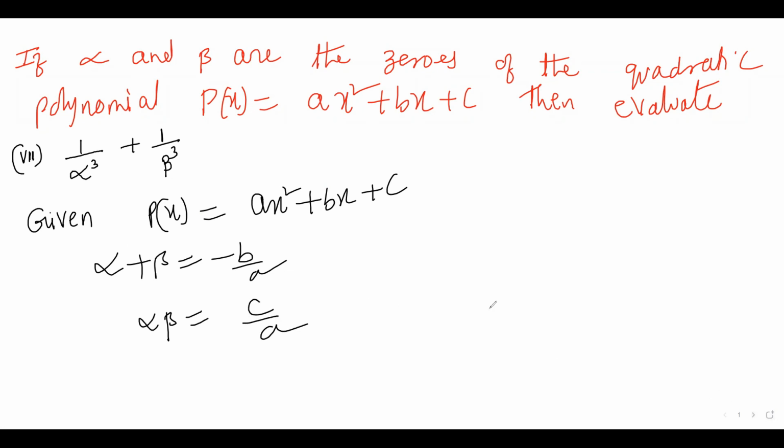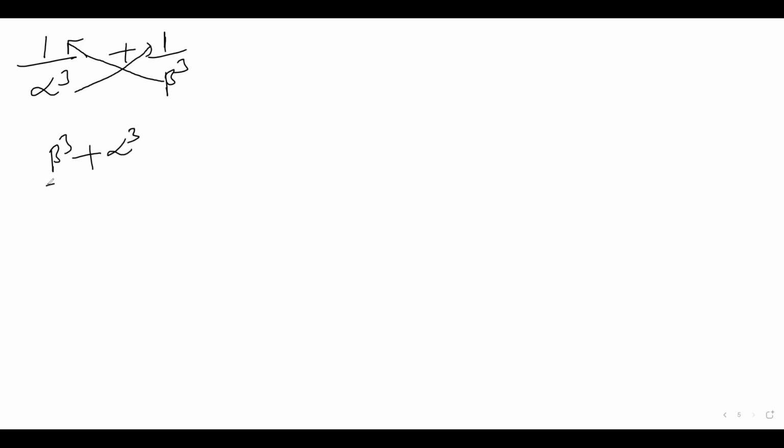They are asking us to find 1 by alpha cube plus 1 by beta cube. So take LCM. Beta cube into 1, beta cube, alpha cube into 1, alpha cube, and in the denominator alpha cube beta cube.